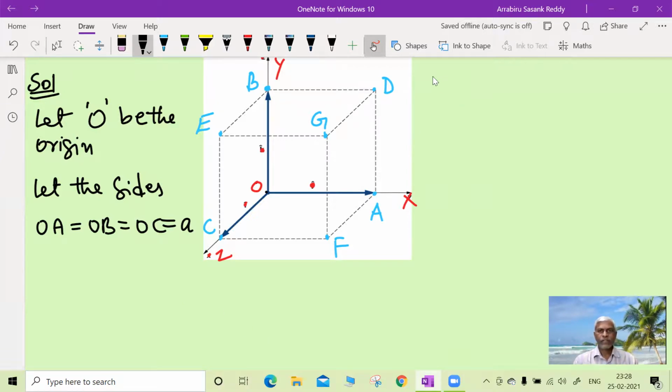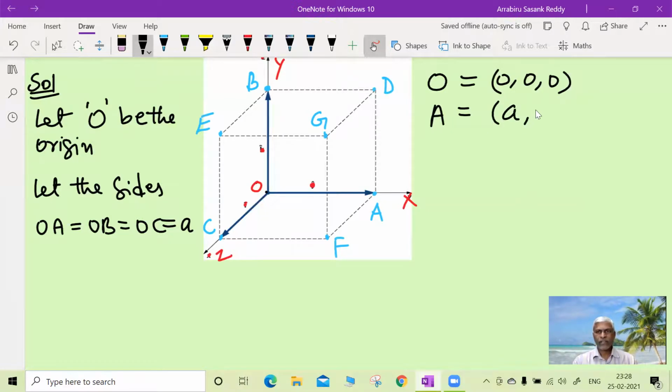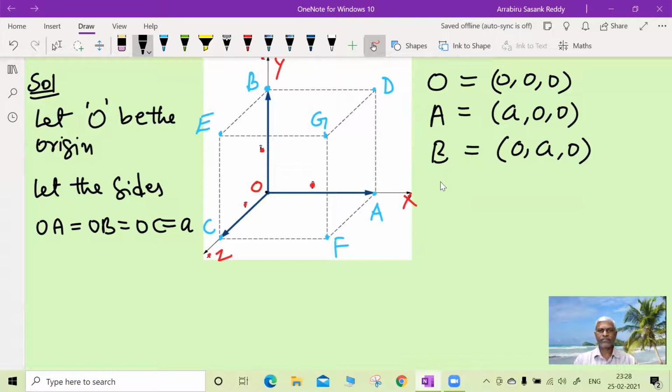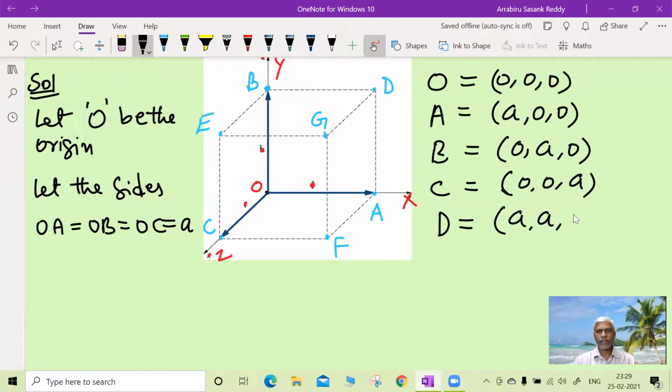Now, the origin is taken as 0, 0, 0, and A on the x-axis, a comma 0 comma 0, any point on the x-axis, and B on the y-axis, y coordinate a and x, z are 0, C on the z-axis. D on the xy plane, a, a, 0.